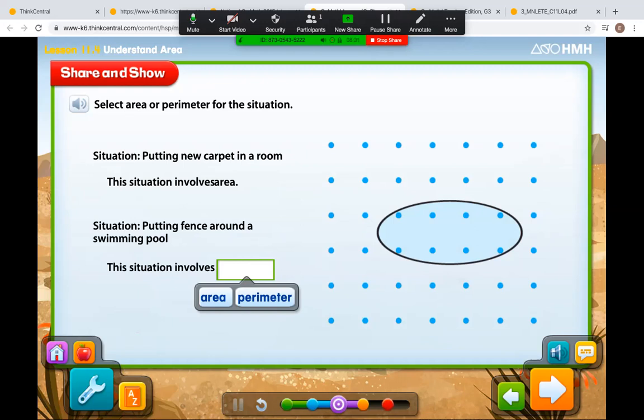So putting a fence around the swimming pool means that the situation involves perimeter. Good job. Perimeter is the distance around the outside of a figure. You need to know the distance around the outside of the swimming pool to put up a fence.